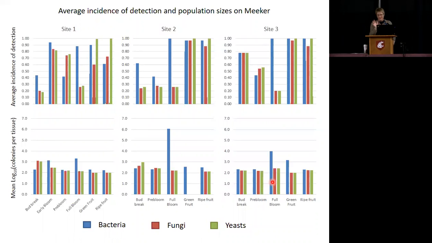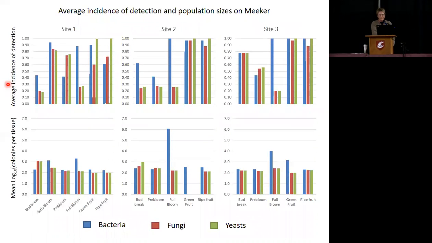This is, I know it's a very busy graph, but I'm gonna walk you through it. So this is the average incidence of detection and the population sizes in Meeker raspberry over time. So the top graph is what proportion of samples from a field had detectable microorganisms.